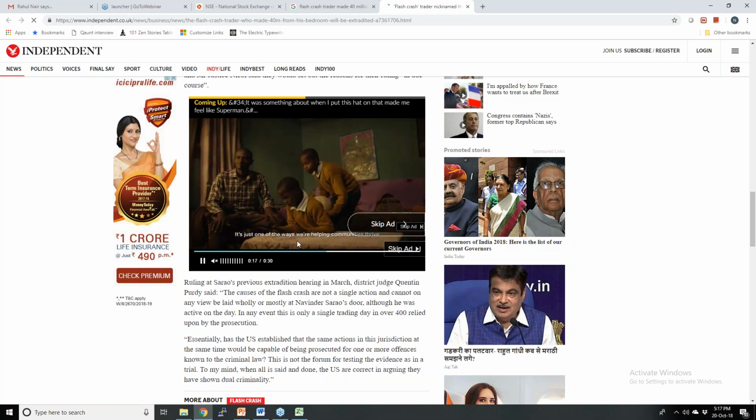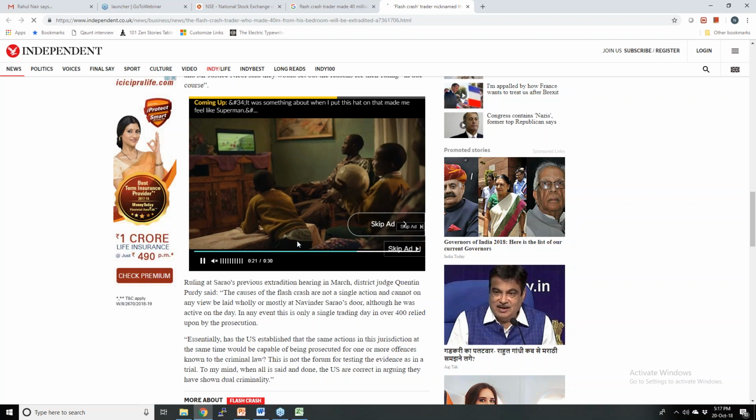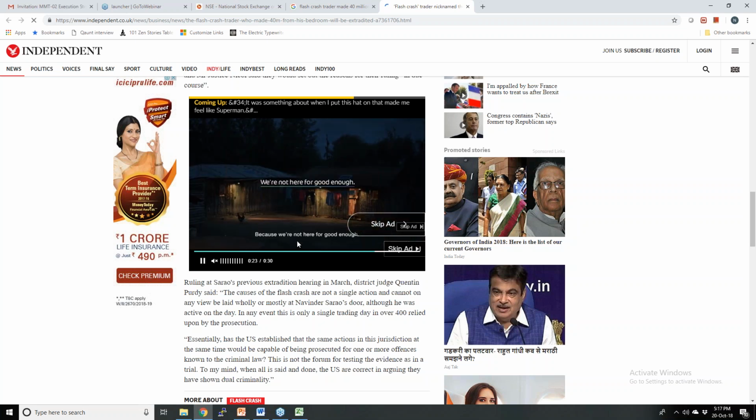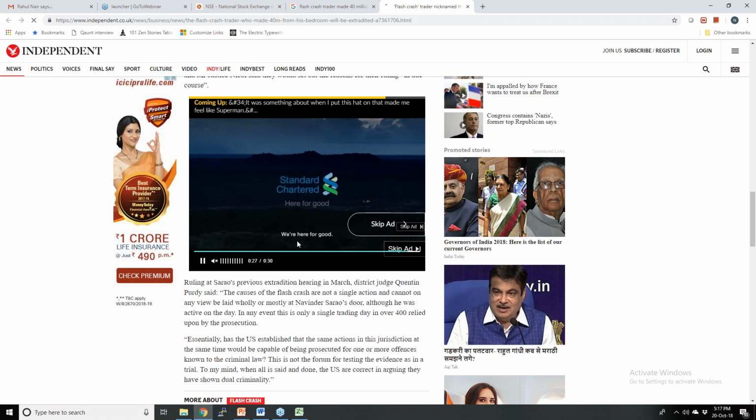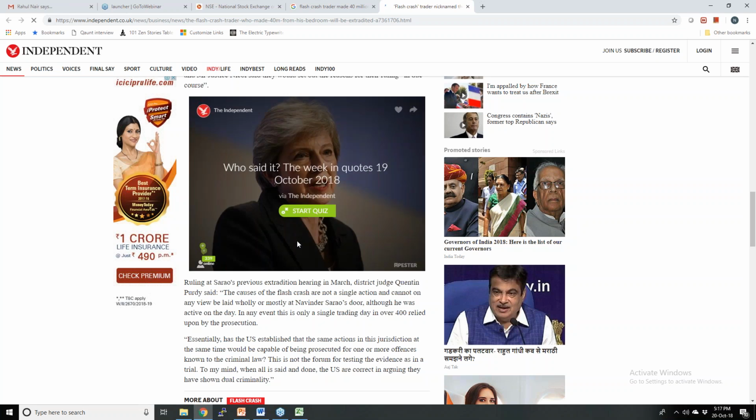So for a fraction of a second, there was a little movement in the price of these assets, and if the stock moved by, say, 10 or 20 bips, he used to buy it. Instead of selling it, he used to buy the stock, and then in another fraction of a second, when the price reverted to its fair price, he used to sell it.